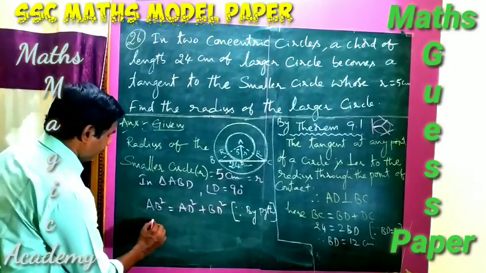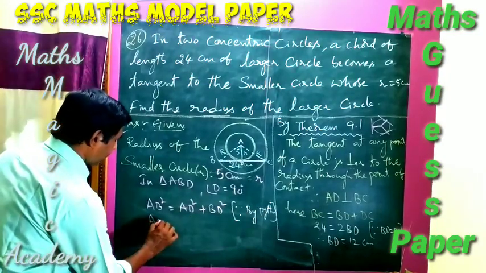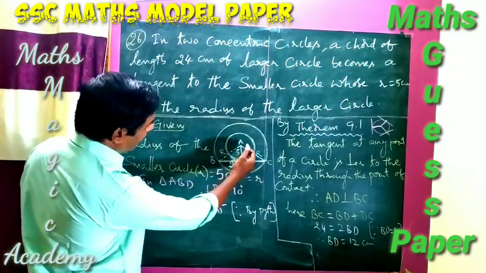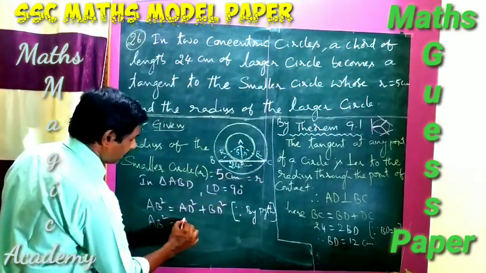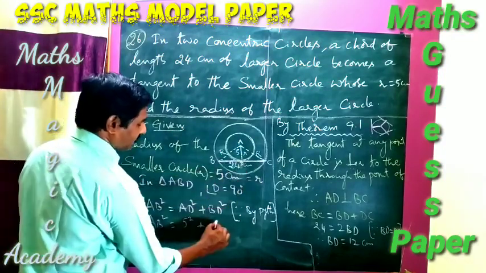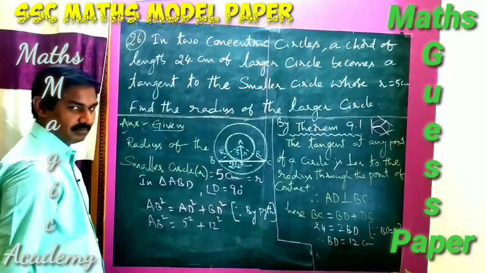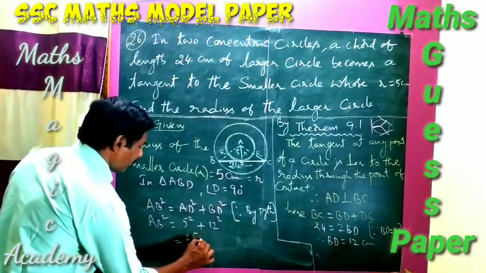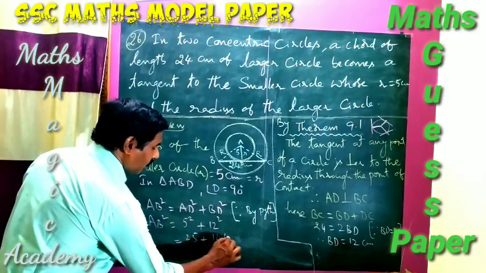Now AB square equals AD square, AD value is 5, so 5 square, plus BD square, BD value is 12, so 12 square. That is 25 plus 144.